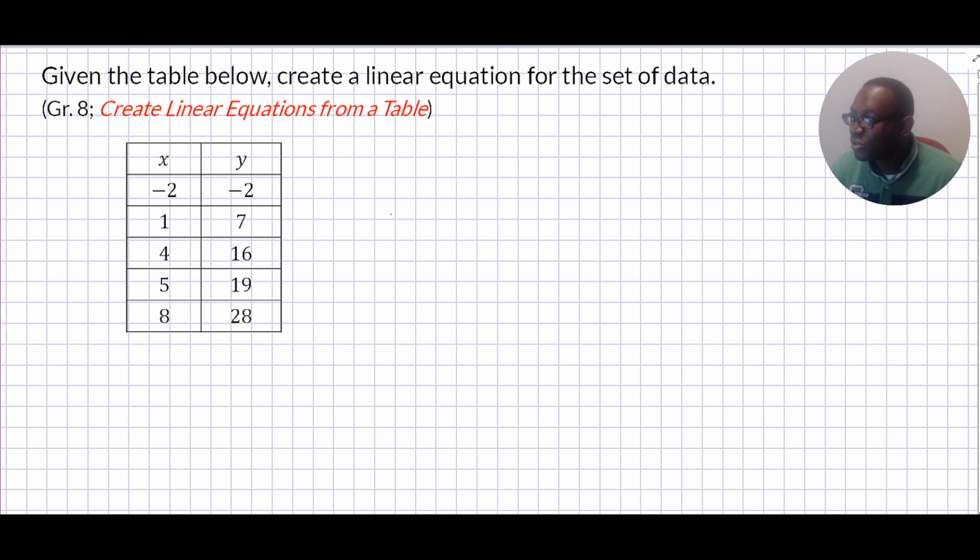So one thing, just remember that a linear equation is in the form y equal to mx plus b. And m represents your slope. And b represents your intercept, which is your y-intercept.